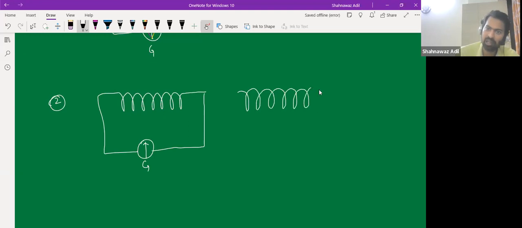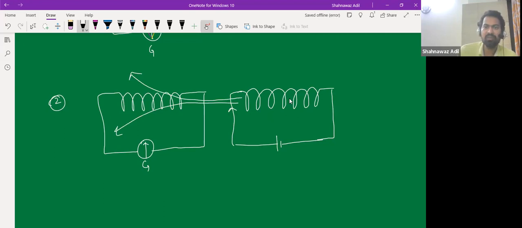So this is like a solid one. He placed another coil and applied some voltage in that coil, which means that some current is passing through this coil. Then, similar to that bar magnet, it will create some magnetic field, right?